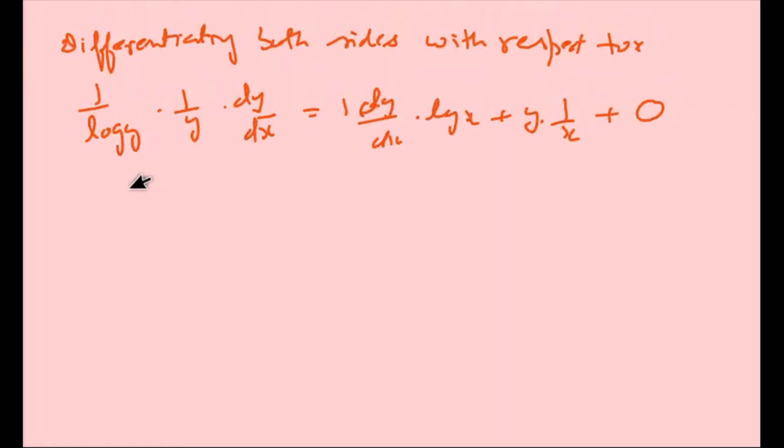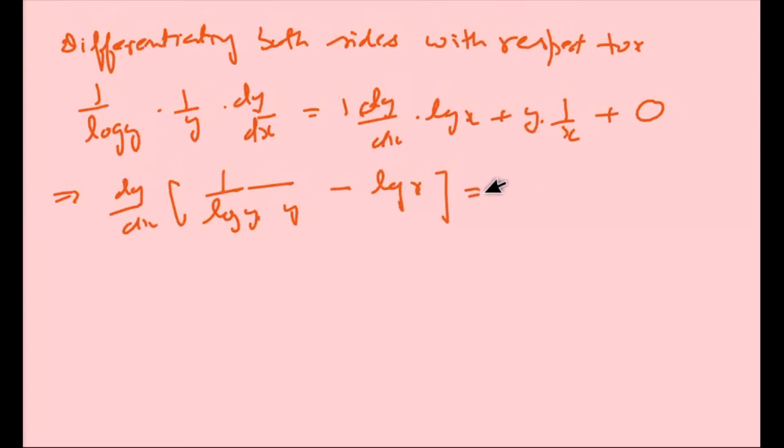Now taking dy by dx common here, dy by dx we can write (1 upon log y into y minus log x) equal to y by x. Okay.